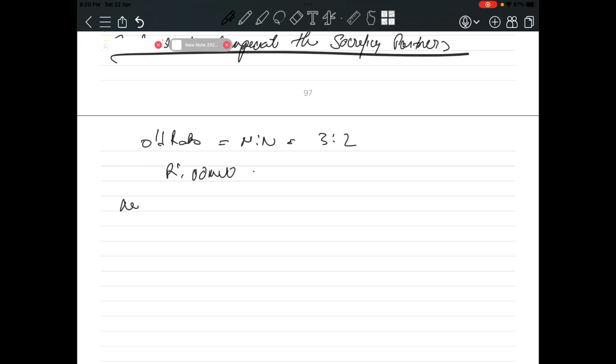The new ratio between M, N and R is, let's say, 2:2:1. Let's say this is the sacrificing ratio. Now see, the profit which M was getting was 3/5. Now because of R's admission, he will be getting 2/5.